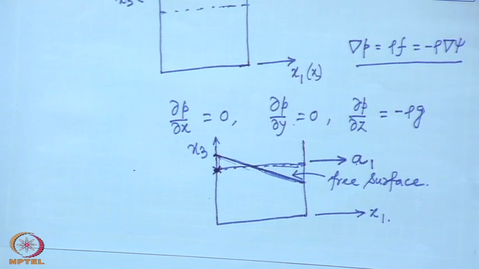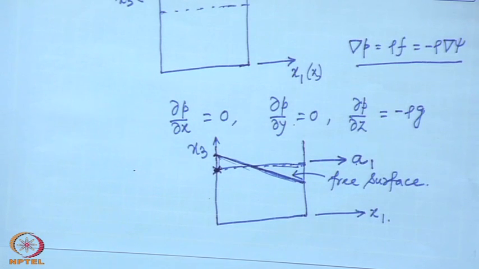How much freeboard should be given, you can decide in a real life situation, where you are going to construct or design this type of container, and you know that it is likely to experience a periodic or nearly periodic type of acceleration, which may have this type of magnitude. Then you must know what freeboard you must provide.